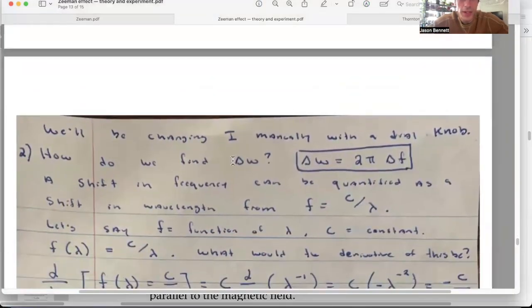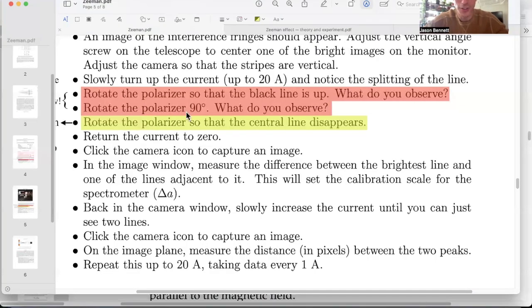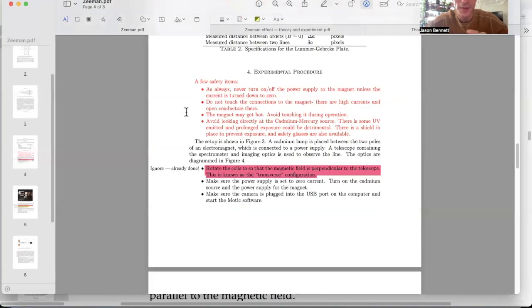Next thing we need to do is figure out, so here's where some funkiness comes into play. Bear with me here. We need to figure out how to calculate delta omega. So delta omega, converting back and forth between linear and angular, has this factor of 2 pi. So a shift in the frequency can also be quantified as a shift in the wavelength. And this whole procedure that I'm doing right now is towards getting to, I'll just spoil it a little bit, we'll get to this equation in a second.